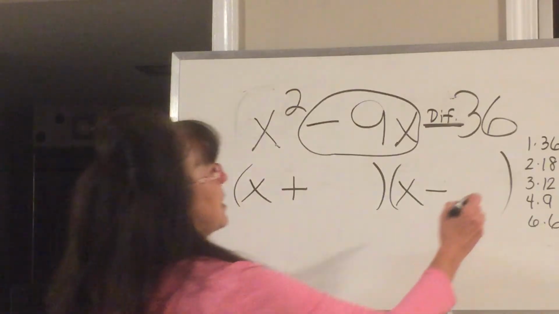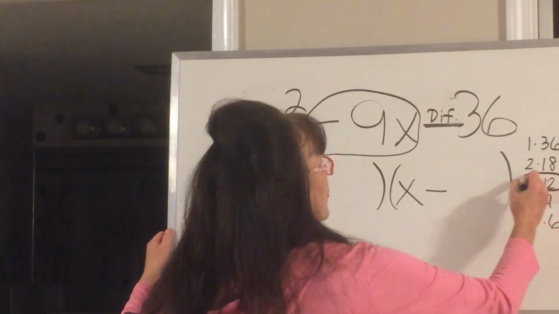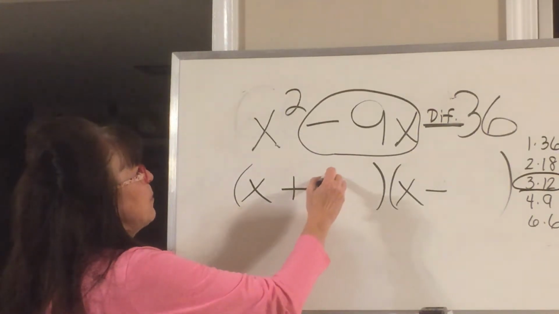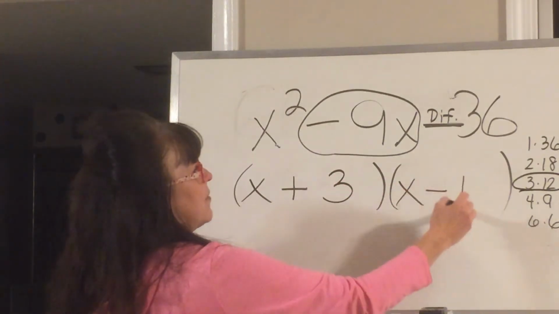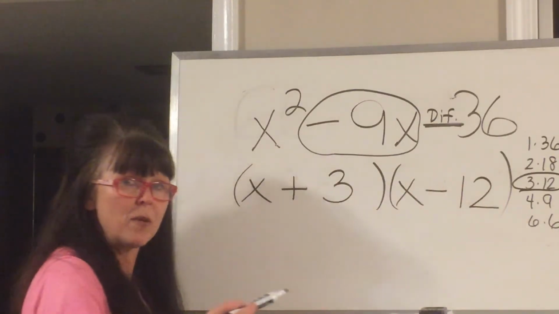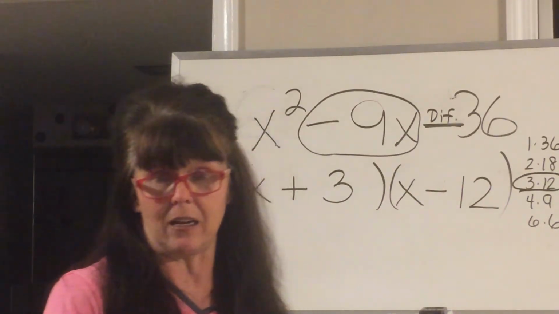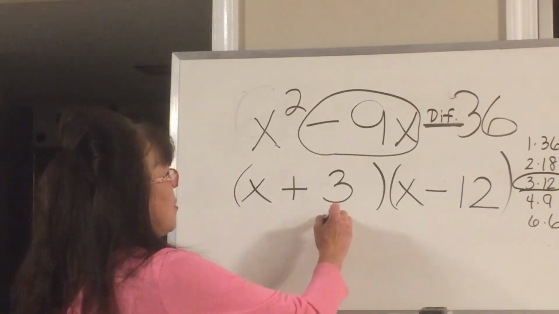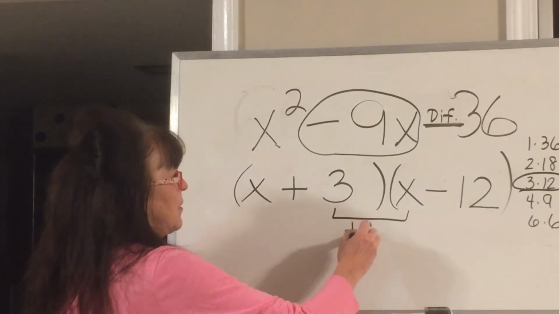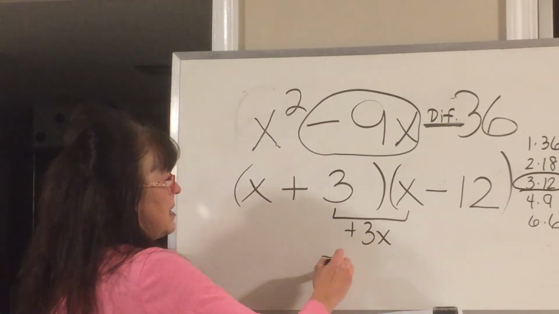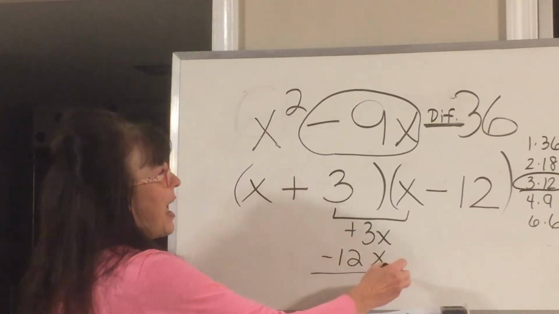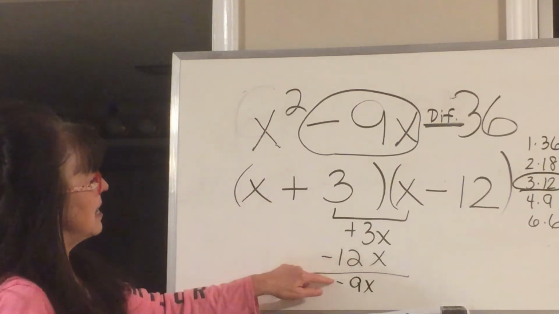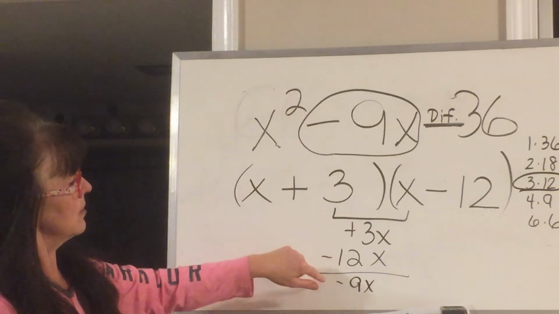So which one of those would give me 9? 3 and 12 would give you 9 when you subtract. So I'm going to put the 3 here and the 12 here. And the trinomials are the ones you have to check. Well, how do you check them? Inside, outside. So on the inside, you get positive 3x, and then negative 12x on the outside, which gives you negative 9x. Hey, we found the answer.